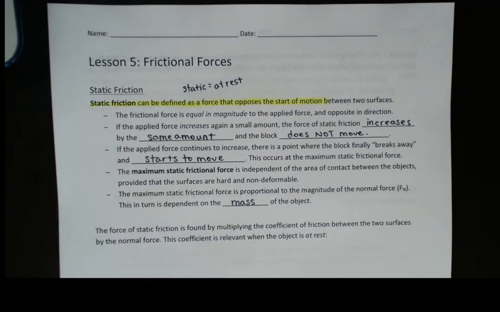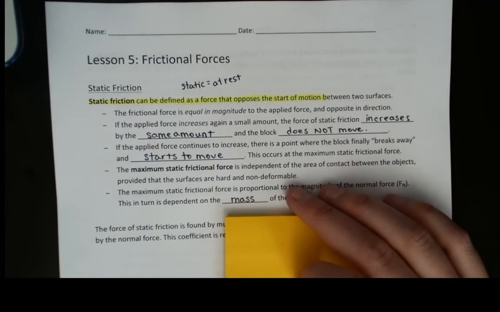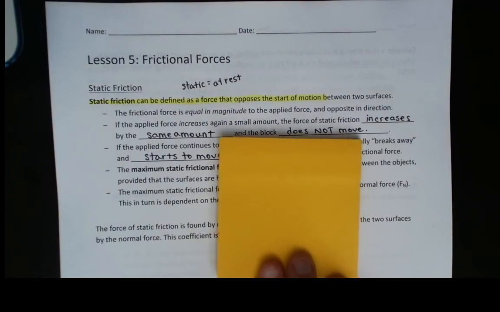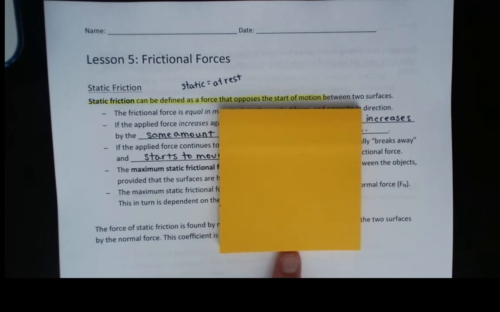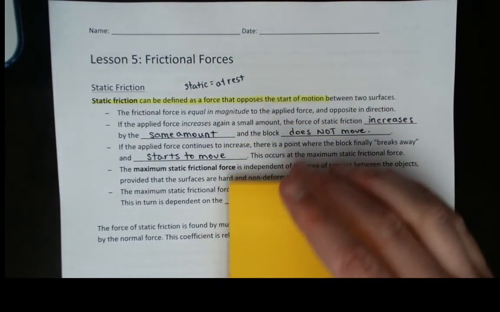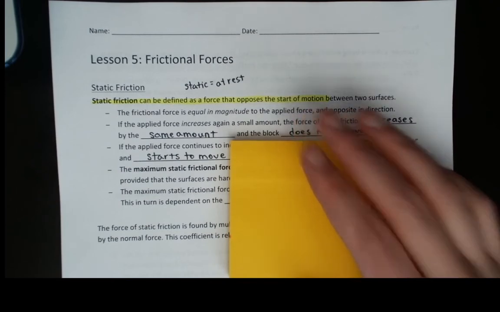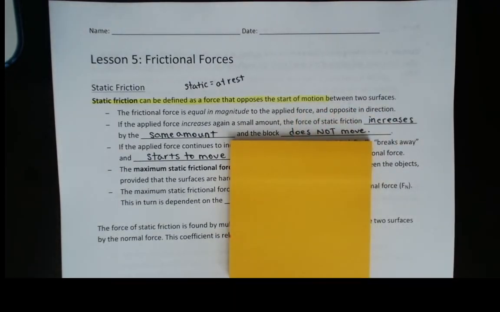Frictional force is equal in magnitude to the applied force and opposite in direction. If you have a block that you are trying to push, and you apply a force to it, if you just rest your hand a little, it's not going to move, but you increase pressure, increase force, until the object moves. As the object is at rest, your applied force goes up a little bit, and up a little bit.